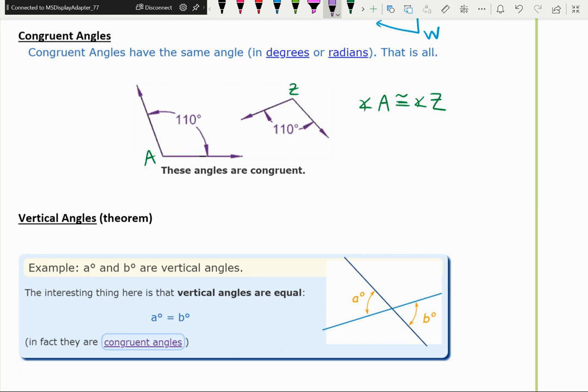All right, vertical angles. So we do have the vertical angle theorem here, but we also need to define vertical angles. So I'm going to do that over here.